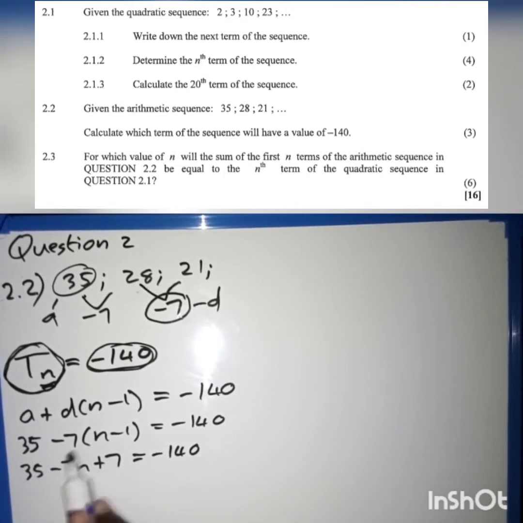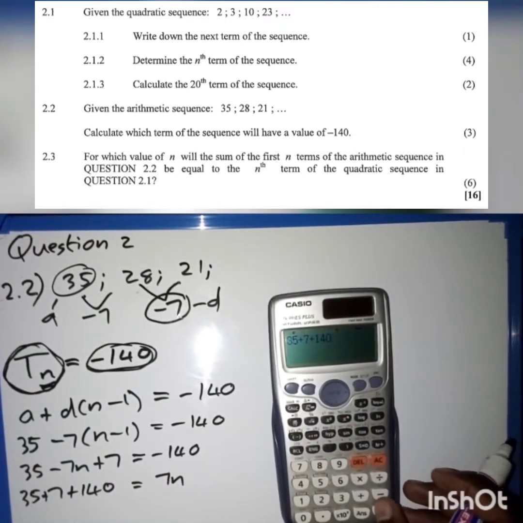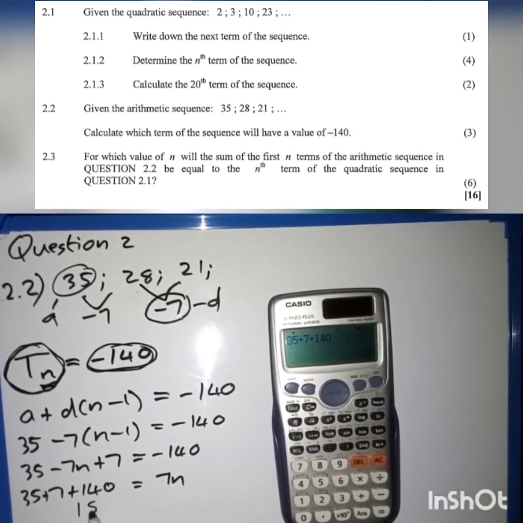I'm going to take the 7n to this side. So I have 7n and then 35 plus 7 plus 140. Then putting this into my calculator, 35 plus 7 plus 140 gives me 182, which is equal to 7n. Divided by 7, divided by 7.